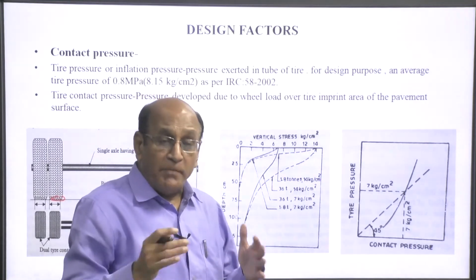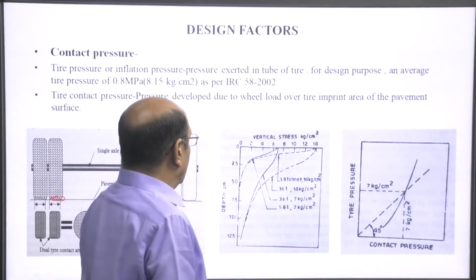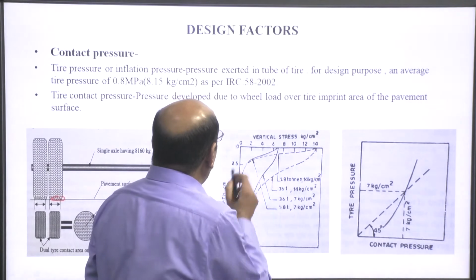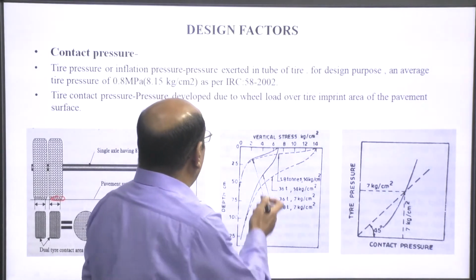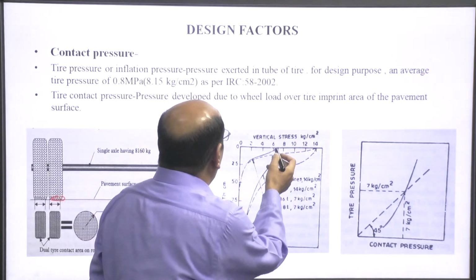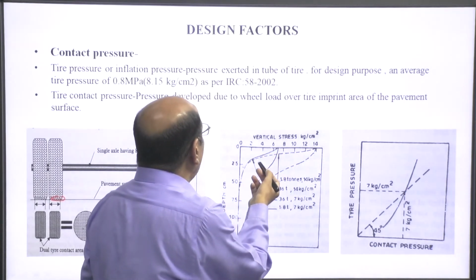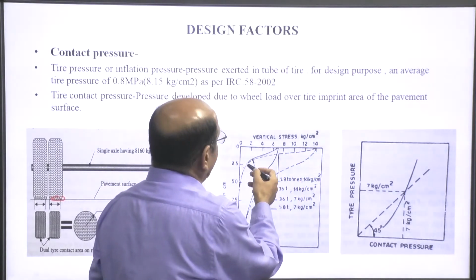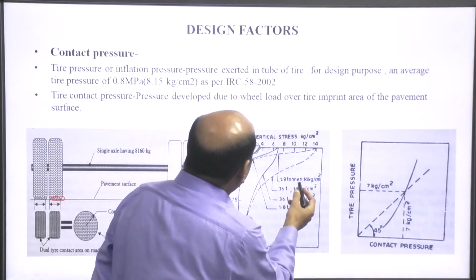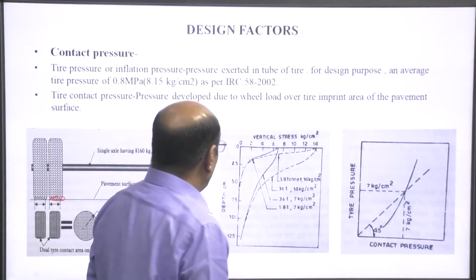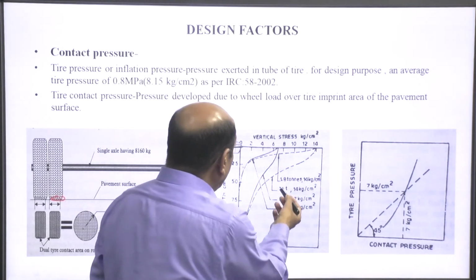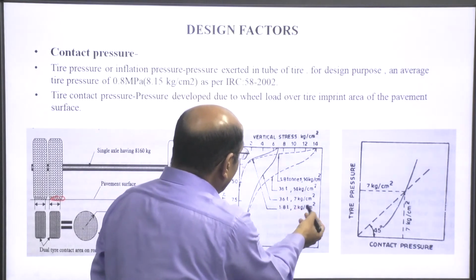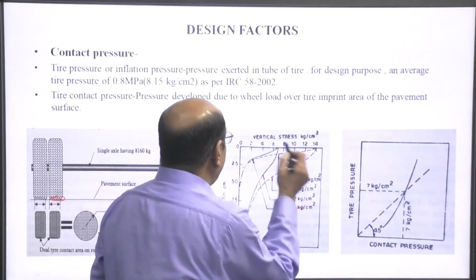But as we go below the pavement surface, the stress is reduced very sharply, and here at 25 centimeter below the pavement surface, the stress is nearly 1.2 kg per centimeter square, and this is more or less the same for the different loadings, such as 18 ton, 14 kg per centimeter square, 16 tons, 36 tons, and 1.8 tons meaning 7 kg per centimeter square.